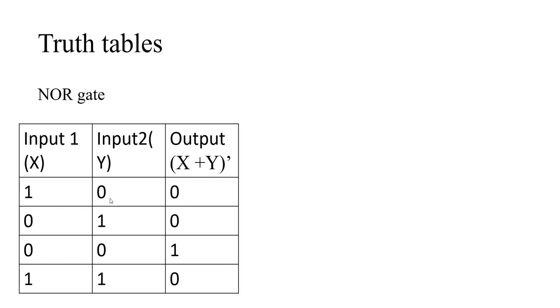So 1 and 0 would give you 1, but because it is negated, you get 0. 0 and 1, you get 0. 0 and 0, you would get 0, but because it is negated, you have 1. 1 and 1, you do get 1, but because it is negated, you get 0. So this is read as X or Y complemented, and that would give you a NOR gate operation.